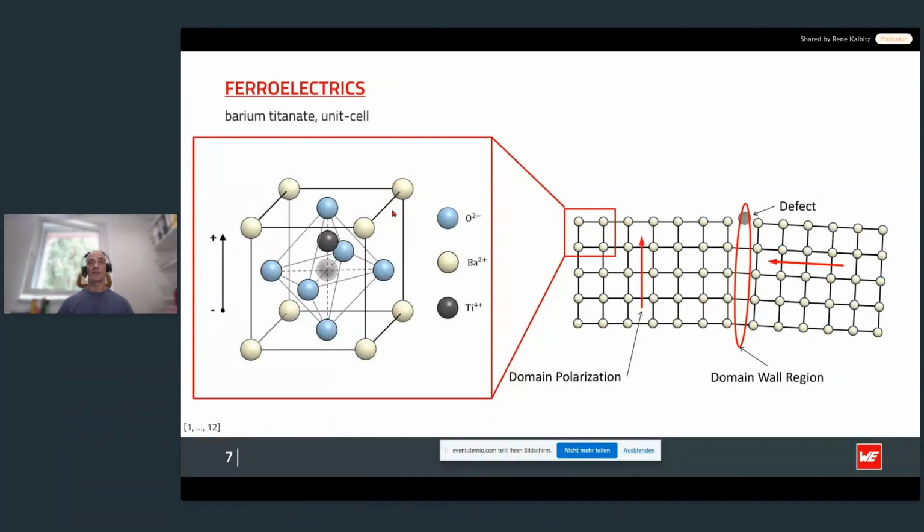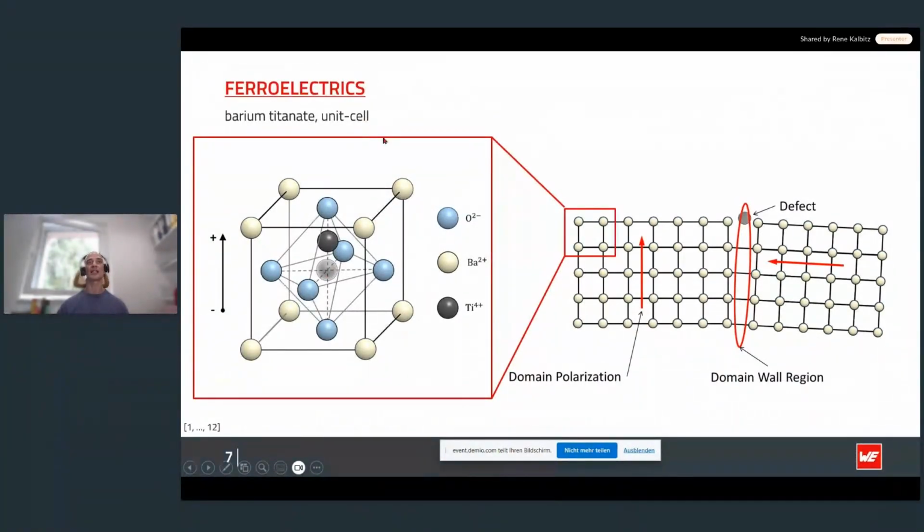A prominent ferroelectric material widely used in class 2 MLCCs is barium titanate. The figure on the left shows the barium titanate unit cell, in which the positively charged barium ion is shifted slightly, in this representation upwards, with respect to the center.